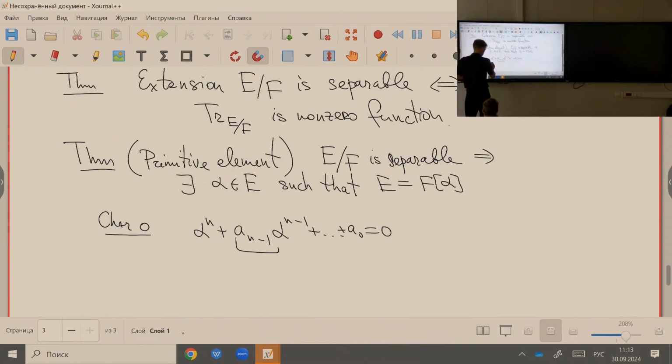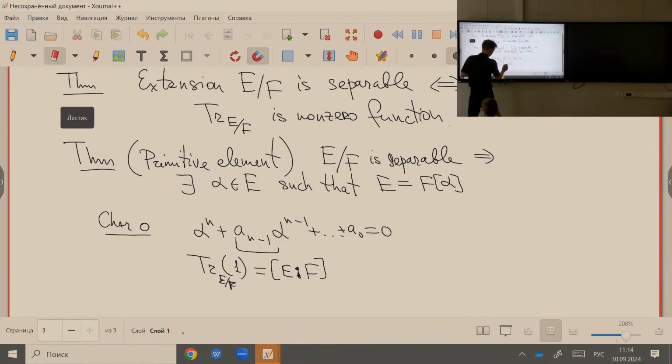The proof is by the formula, but anyway, the trace being non-zero is almost a tautology from this point of view, because the trace of the unit, of E over F, is just the degree of E over F. It is non-zero now, in characteristic 0.